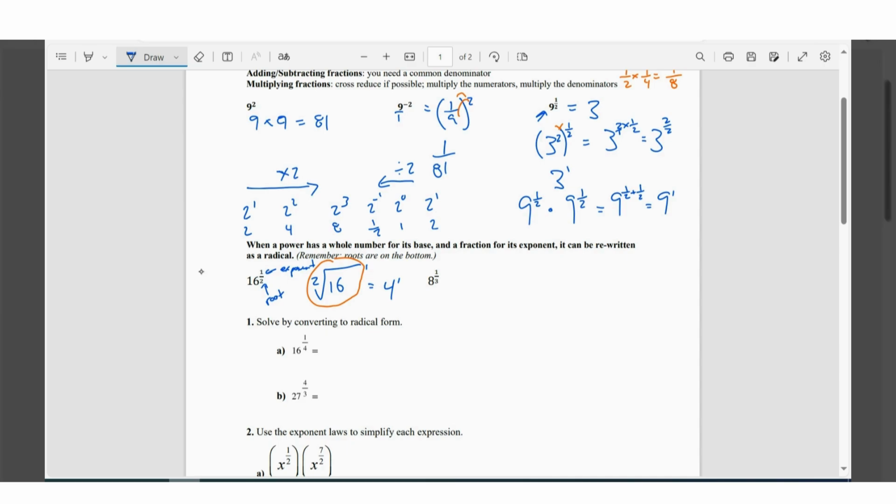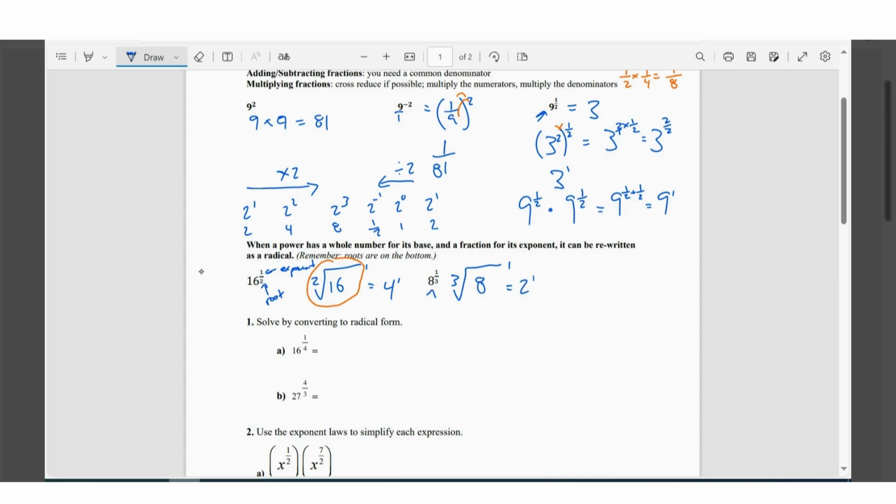Here we have 8 to the third. So we can use 3 as our root and 8 to the 1. So we're asking ourselves, what times itself 3 times equals 8, or what is the cube root of 8? I know that to be 2 to the power of 1, which is just 2.